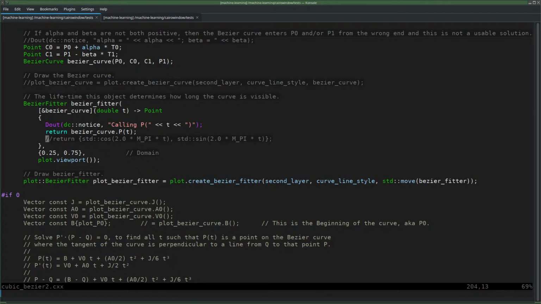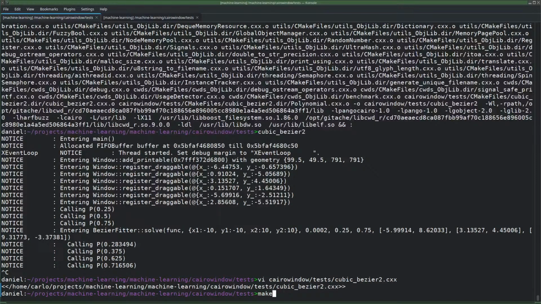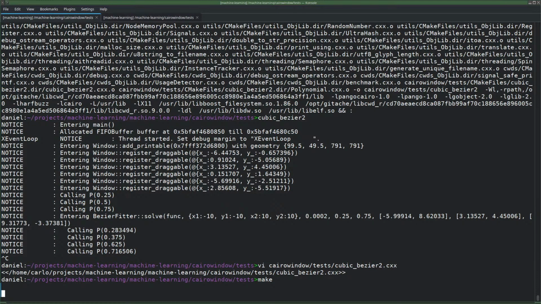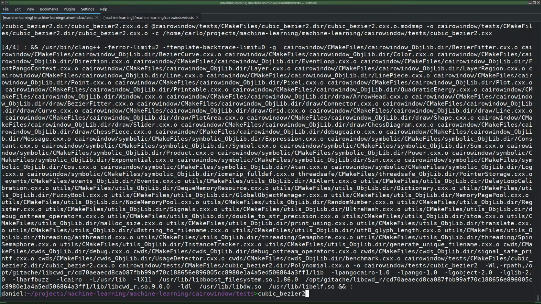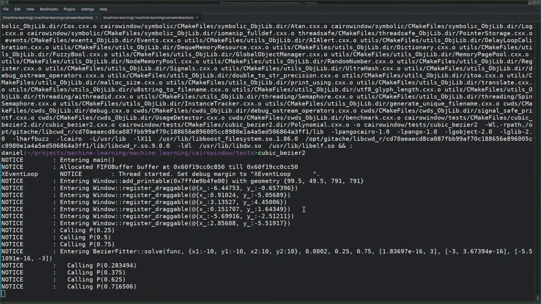I don't see why that would not work. Let's make it a bit bigger. Nope, still nothing.